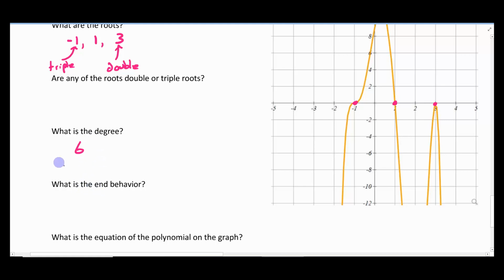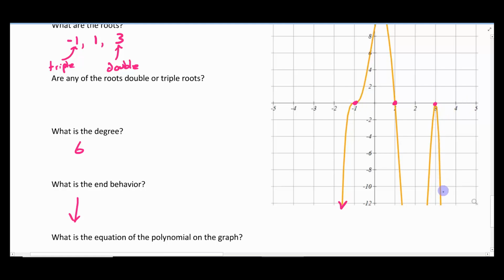Now they want to know what is the end behavior, so we can go to the graph and we look at the ends, right? So as I go off to the left side of this polynomial, is my polynomial going up or down? Well, here it is. This is the left side of the polynomial, and it is heading down, right? So I know the end behavior is down on the left, and then as I go off to the right, what direction is our polynomial going?